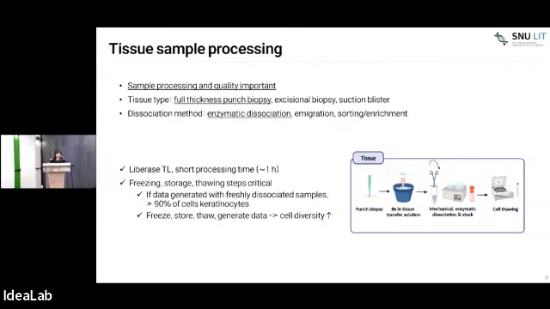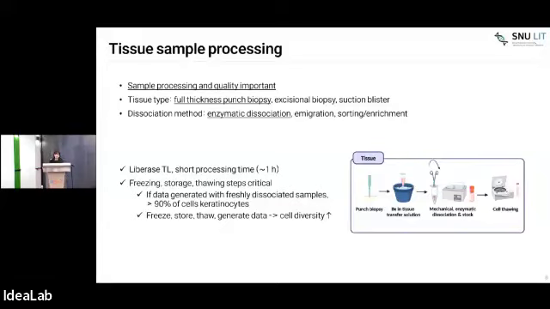Yeah, so I'll move on to the sample processing and data generation parts. One thing that we want to stress is the tissue sample processing steps. There may be variation depending on the tissue type, which may be full thickness punch biopsy, excisional biopsy, or suction blister, as Yuna mentioned earlier. And also the data composition and quality can vary greatly depending on the dissociation method.